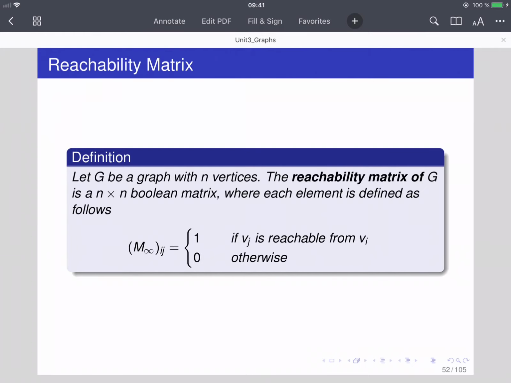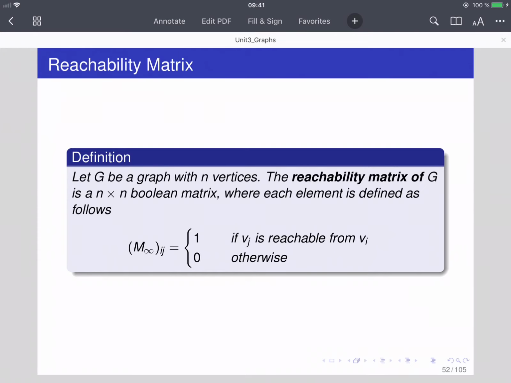That was the definition that we worked with in the previous lecture. Now we are interested not only in whether vertices are reachable with only an edge, but also in whether vertices are reachable with paths of some length.